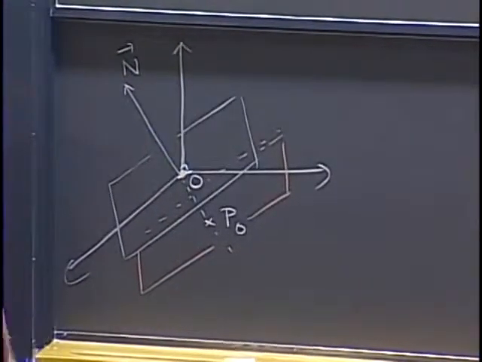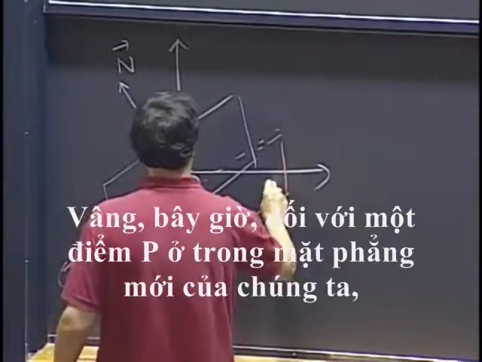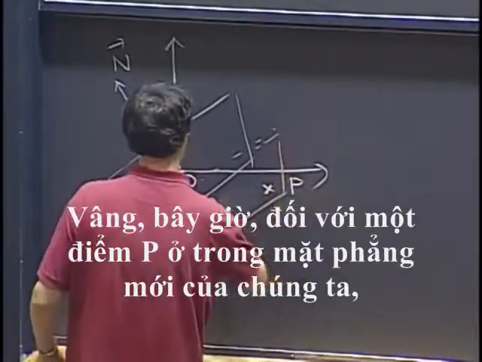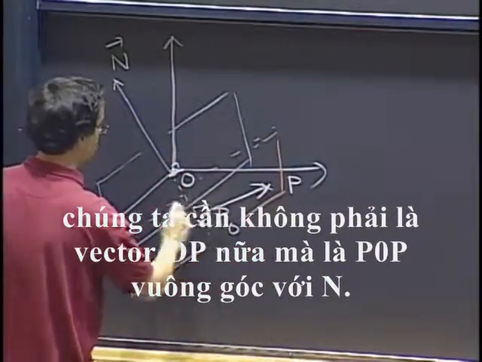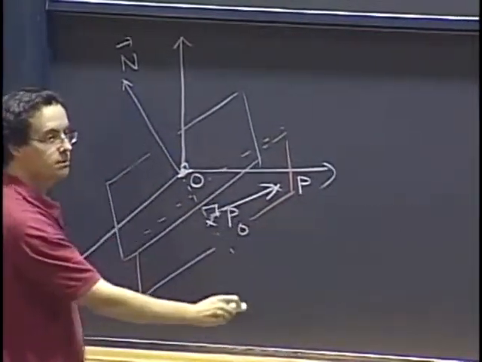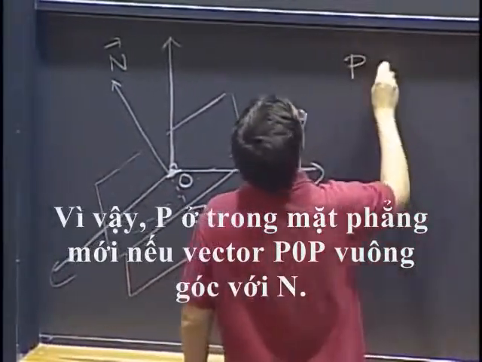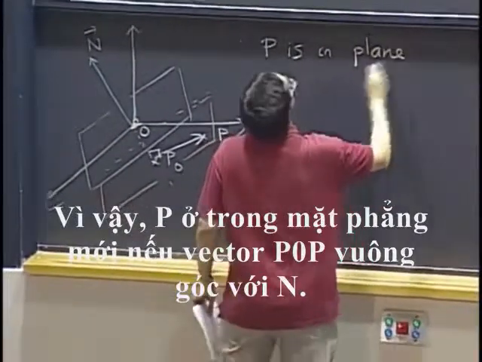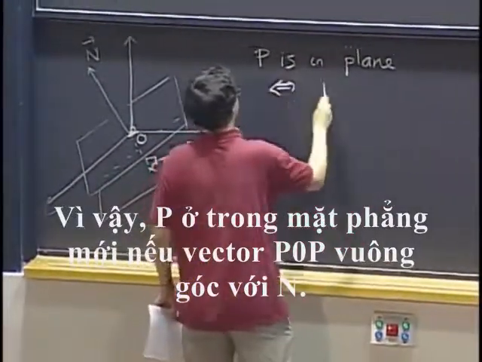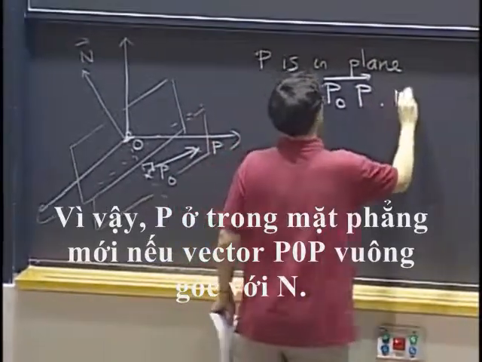So how are we going to do that? Well, now, for a point P to be in our new plane, we need the vector no longer OP, but P0P to be perpendicular to n. So P is in this new plane if the vector P0P is perpendicular to n.